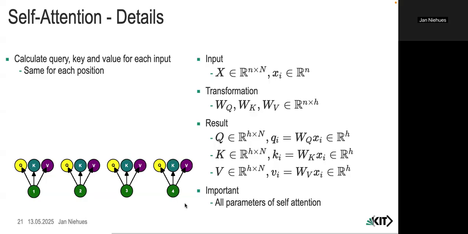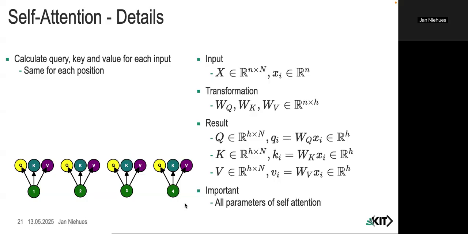Now you can, of course, also make key and value the same by just having WK and WV exactly the same. But what is important is that these are all the parameters you can learn. Everything you can learn is based on how you represent the query, the key, and the value. Afterwards, we do all the computation to calculate our final hidden state, but there are no parameters that you can learn anymore.